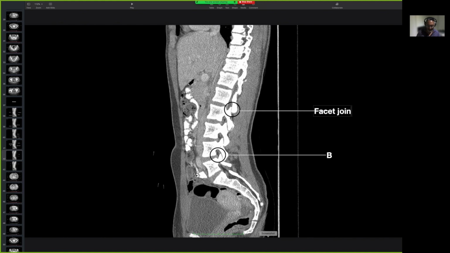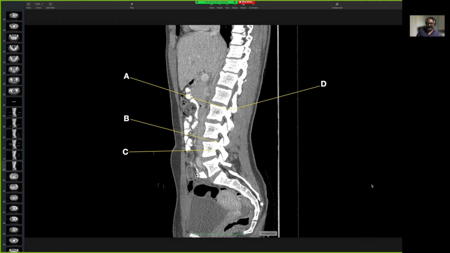I didn't realize what I'd done. It's the superior facet for this vertebra, but the inferior facet for this vertebra. So I thought I was going to call this the superior facet joint and this the inferior, but that doesn't work because they both are superior and inferior for the different vertebrae. So that is a facet joint, or zygapophyseal joint. Thank you, Julian. Again, these are the parts of the vertebra, which one or two I've actually just named.